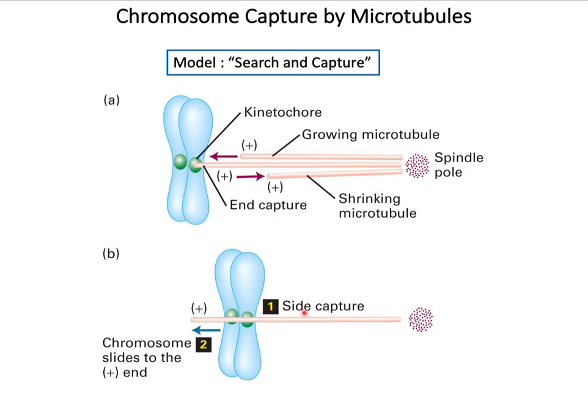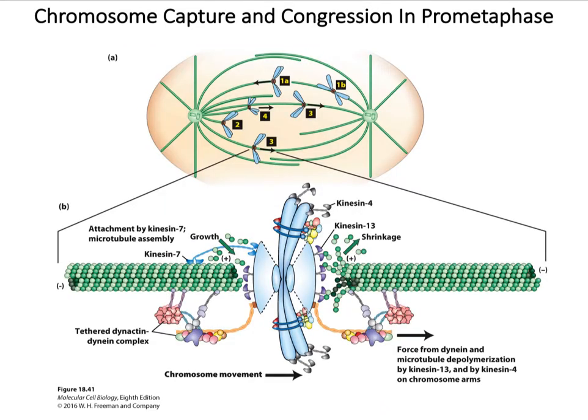As it turns out, these kinetochore proteins can also interact with the side of the microtubules, and so it will capture the chromosome on the side of these microtubules, known as the side capture. And then eventually these chromosomes will migrate or slide towards the end of the microtubule with the help of the microtubule motor proteins that we are going to see next.